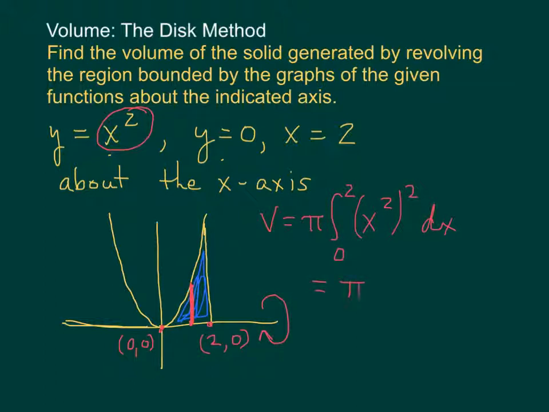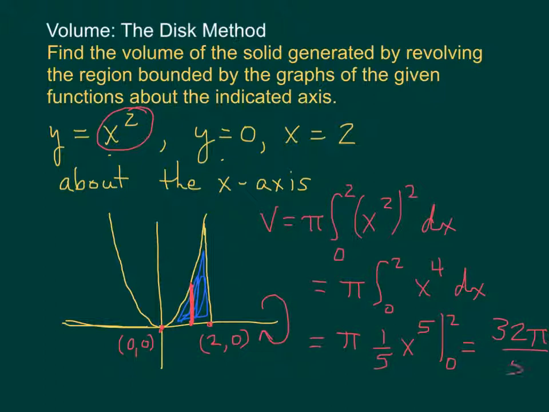So our integrand, as we simplify this, would be x to the fourth, and the antiderivative would be 1/5 x to the fifth, and then we're evaluating that from 0 to 2, and if you do the arithmetic there, you should get 32 pi over 5.